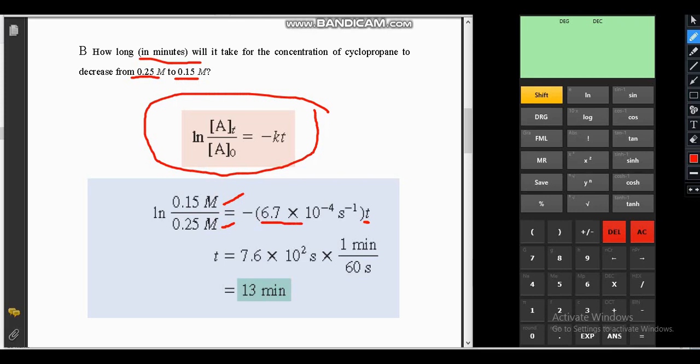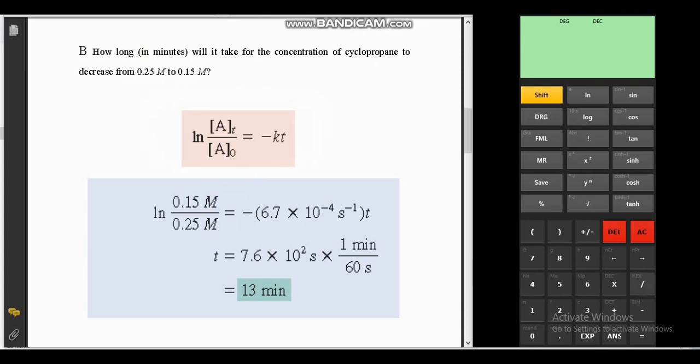Now they have asked us to give the answer in minutes, so we'll eventually have to convert that seconds to minutes. So let's punch this on the calculator and see how we'll get the answer. We'll start with 0.15 divided by 0.25.